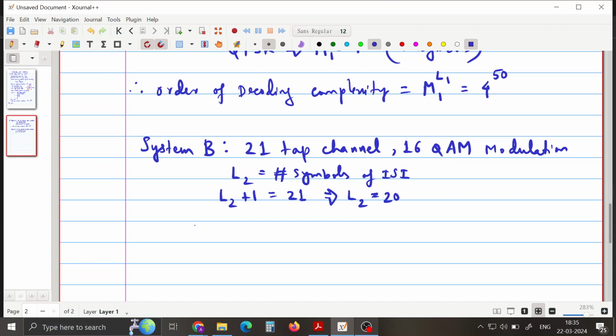And from the given constellation, 16 QAM, you can conclude that M2, the constellation size for system B, would be 16, because 16 QAM has 16 symbols. The constellation diagram would be similar to QPSK, but in each of the 4 quadrants there would be 4 symbols, which constitutes a total of 16 symbols.